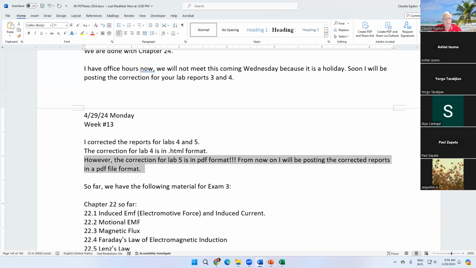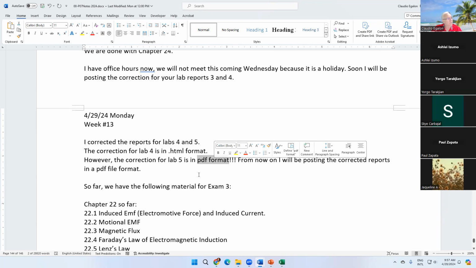But the correction for lab 4 is in HTML format. Okay, I think the PDF format is better, more convenient than an HTML format, because all you need is a single file.